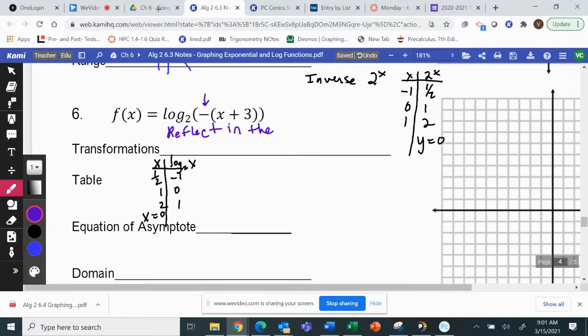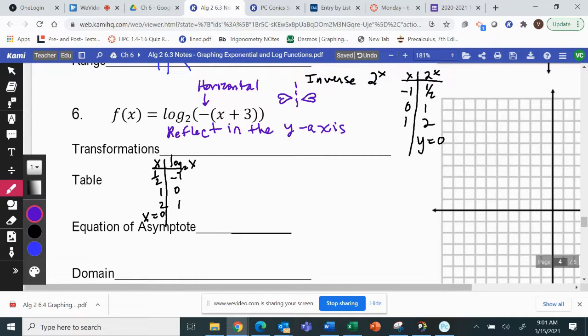It's inside. So it should be horizontal. So if I'm reflecting horizontally, which axis is that? That's the y-axis.